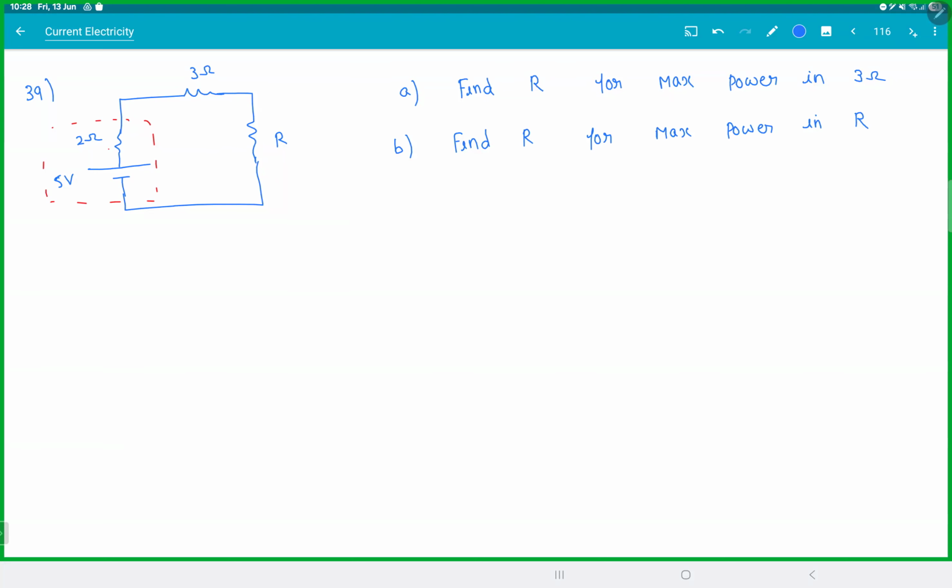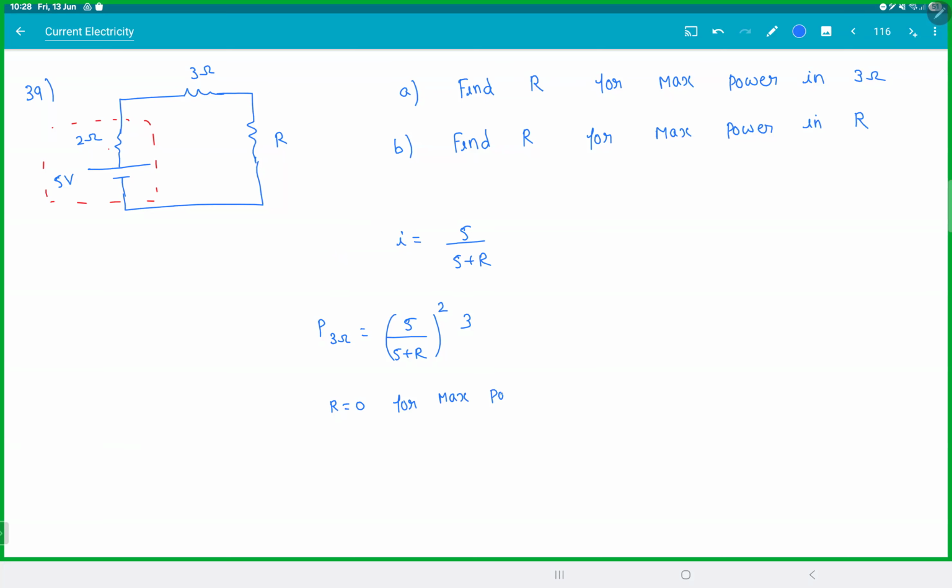The best thing, in case you get confused, is to just go back to the derivation. So what is the current here? I will be 5 by 5 plus R. So power in the 3 ohm resistor will be I squared R, which is (5 by 5 plus R) whole squared into 3. You can clearly see there is only one denominator, so R is 0 for maximum power.